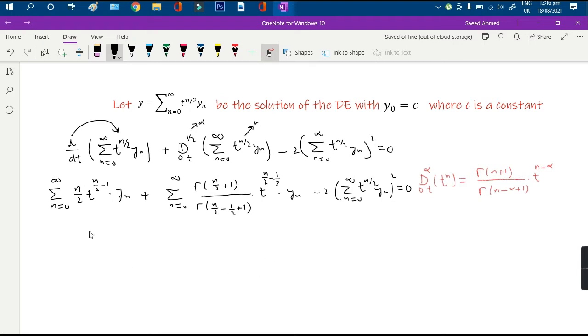Okay, we can do one more step: we can simplify the middle term a little bit, and everything else will remain as it is.